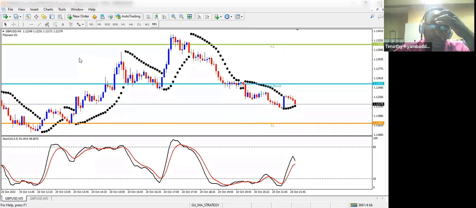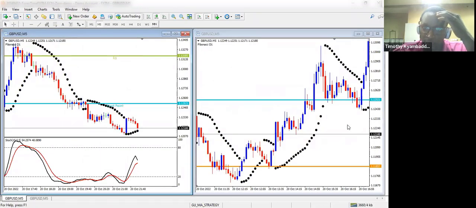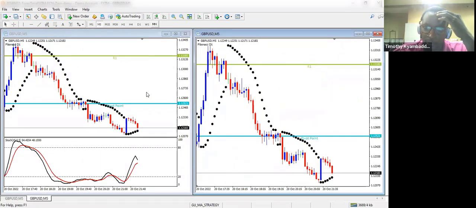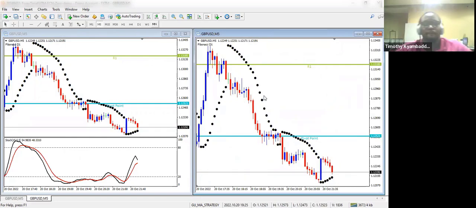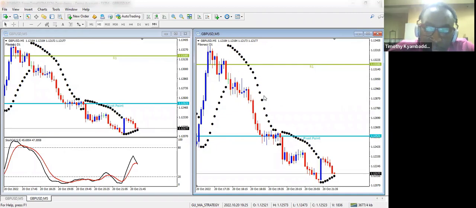I don't know if they're cluttering the screen, if they're okay. Now, these dots you see on your chart are called the Parabolic SAR, stop and reverse. Okay. Now they're used in a very simple way.